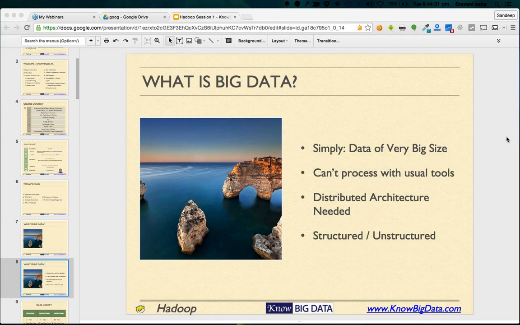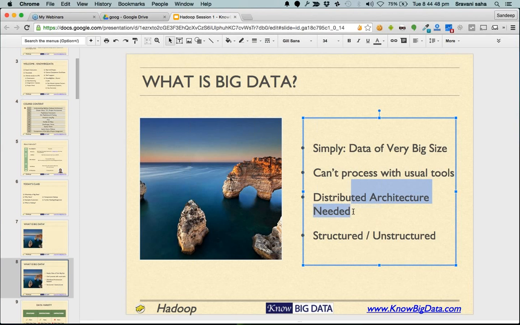What does it mean? It means executing something on multiple computers simultaneously. That is distributed architecture. Now, the data could be of any format, structured or unstructured. The most important part is when the data grows to such a big size that we cannot handle it using normal tools, because most of the usual tools used to work on a single computer.